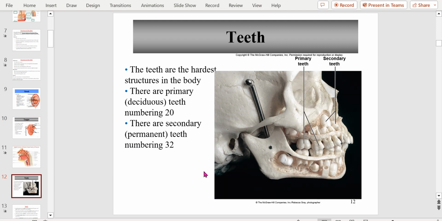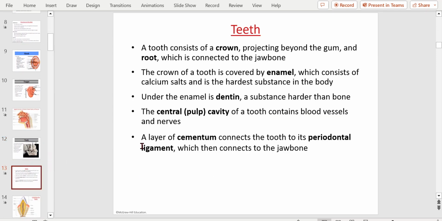The teeth are the hardest structures in the body. They are primarily deciduous teeth, numbering around 20. There are secondary permanent teeth numbering 32, and you're looking at dentine, right? A tooth consists of a crown projecting beyond the gum and a root, which is connected to the jawbone.